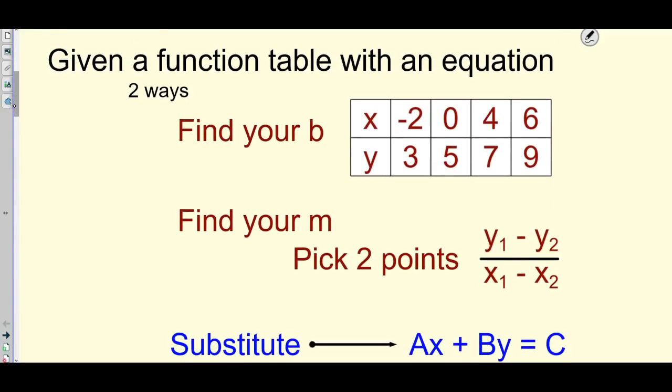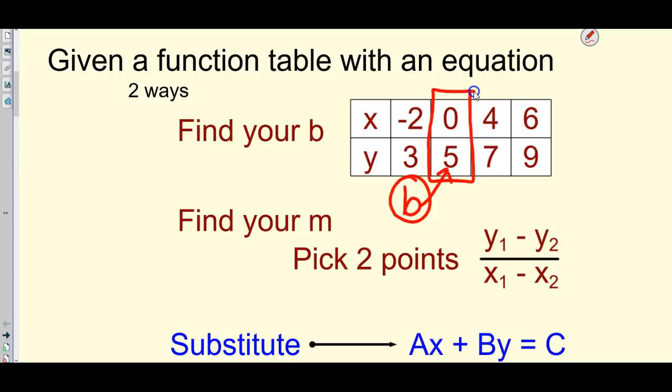If you're given a function table with an equation, there are two ways that you can operate with this. One, you can find your slope, and you can find your b. In this chart, your b would be right here. This number is the b.